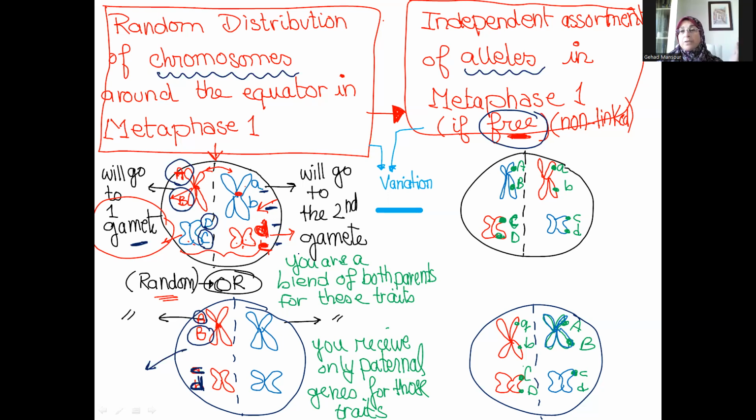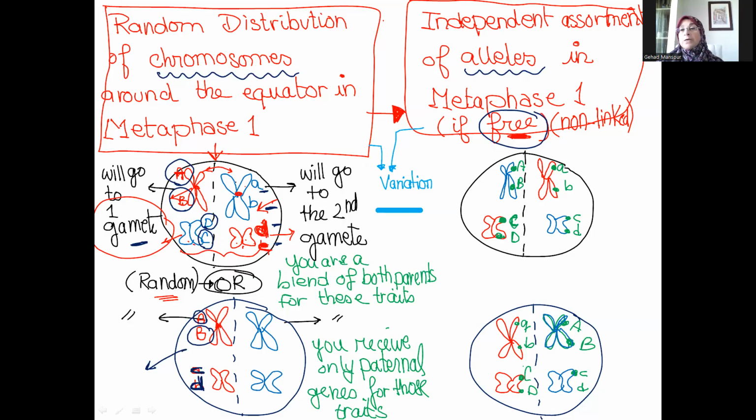The two possible arrangements of the chromosomes around the equator made the possibly produced gametes have different chromosomes with different alleles carried on them.